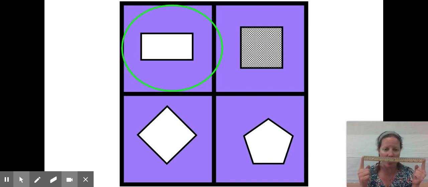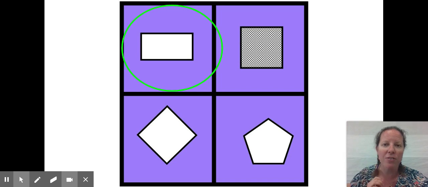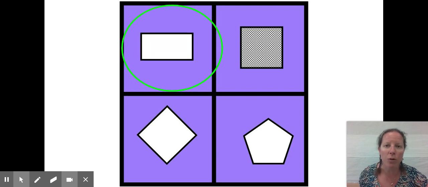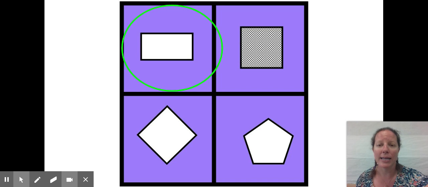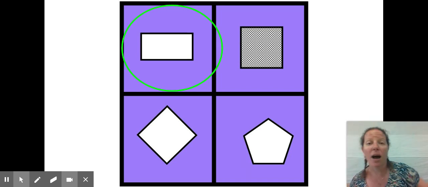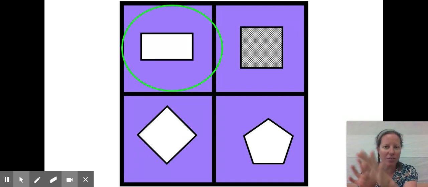And I know this because I got a ruler and I measured them. And the 2 squares that are here, their sides are 1 inch long. And then this pentagon, this 5-sided figure, all the sides are 3/4 of an inch long. But on the rectangle, one side is 1 1/4 inches long, and the other side is about 1/2 inch long. So they're not all the same size.